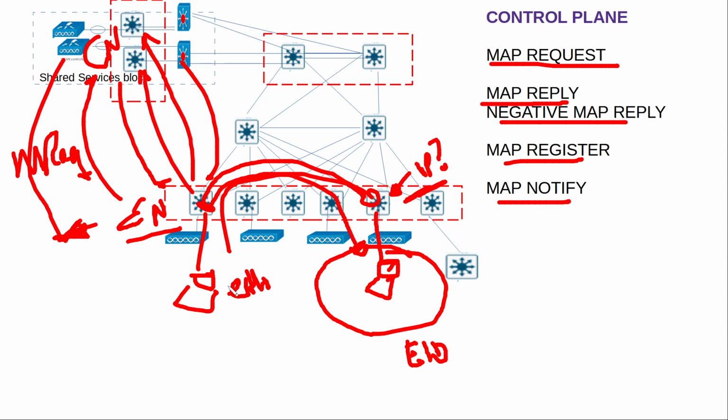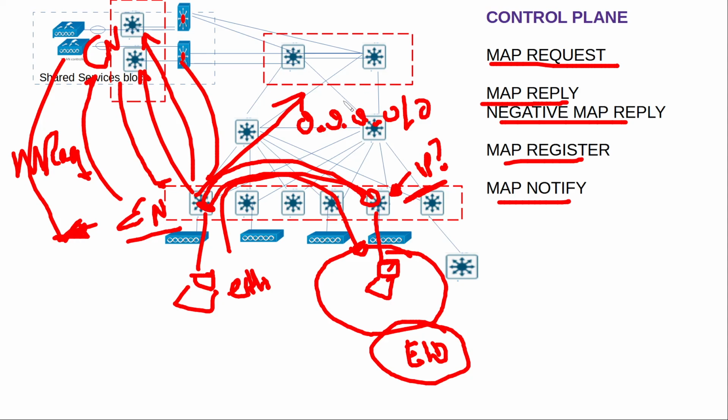So in that case, this edge node will not be able to locate where this end device is connected to in the network. In that case, the edge node will send traffic to the default route that exists in the underlay, that will usually be received by an external border node.